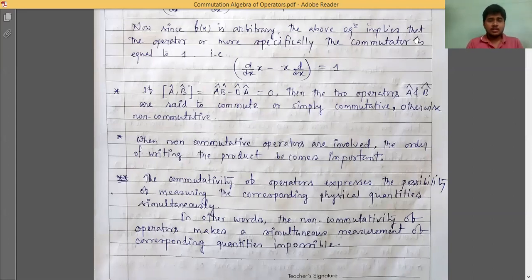So the commutativity of operators expresses the possibility of measuring the corresponding physical quantities simultaneously. Whenever the given operators commute with each other, we can measure them simultaneously.